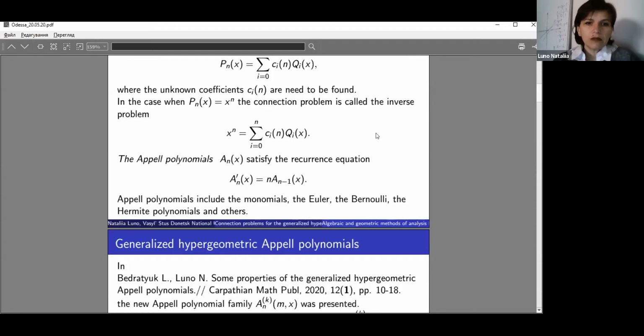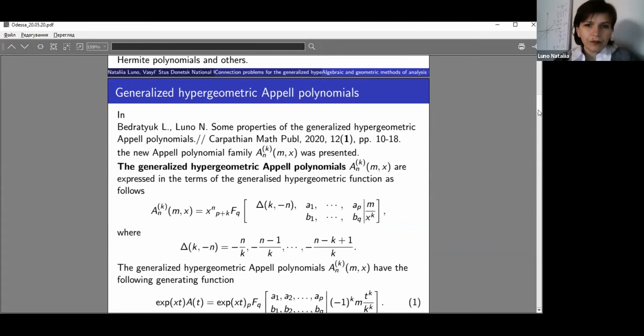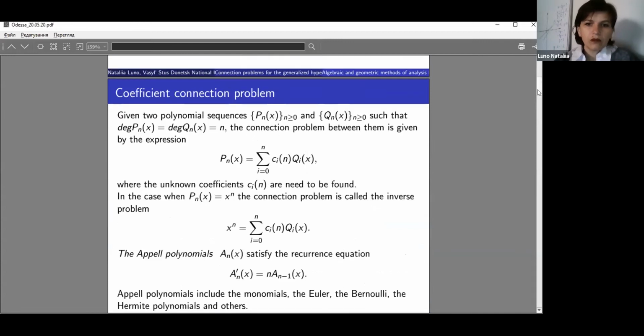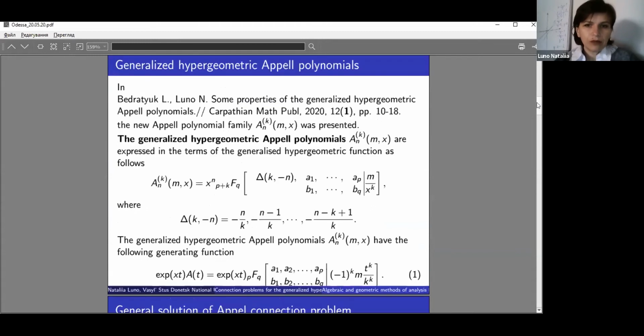Let us recall that the Appell polynomials form the Appell sequence, every member of which satisfies a simple recurrent equation. Here you see a new Appell type polynomial sequence.